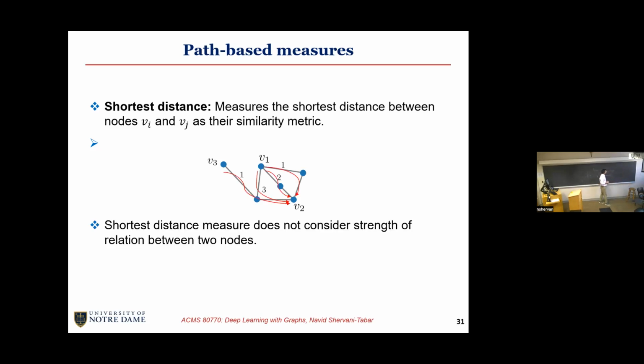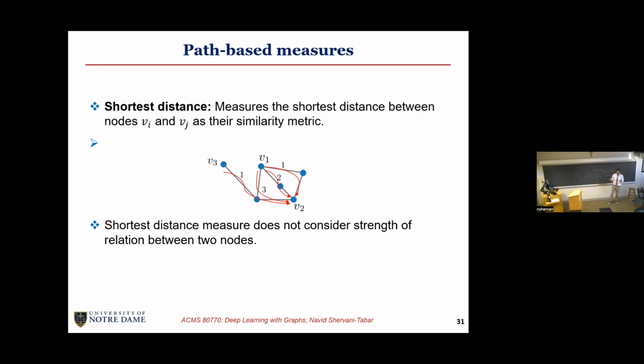But if you look at this graph, we will see that there are three shortest paths of length 2 between V1 and V2, and there is only one shortest path of length 2 between V3 and V2. So logically, since there are many paths from V1 to V2 and only one from V3 to V2, the similarity of V1 and V2 should be more than V3 and V2.